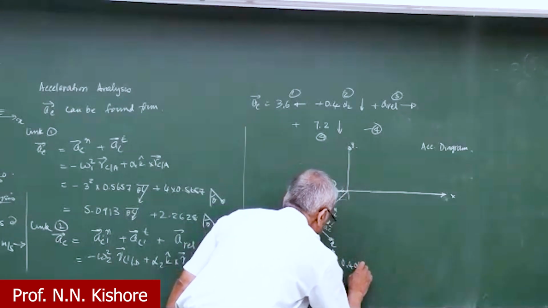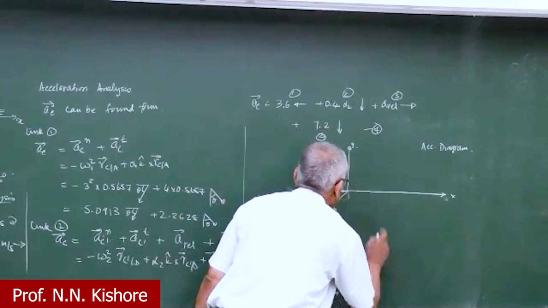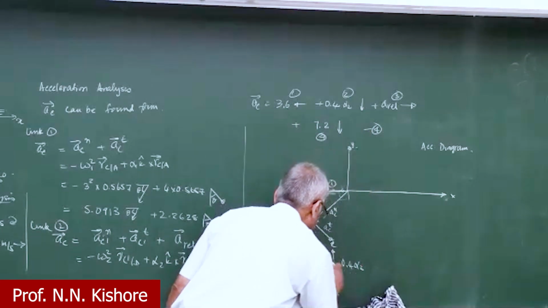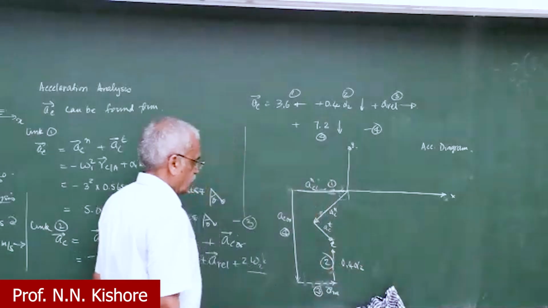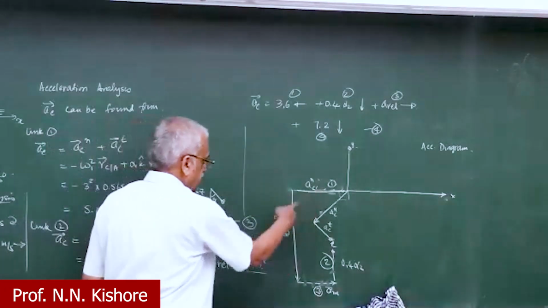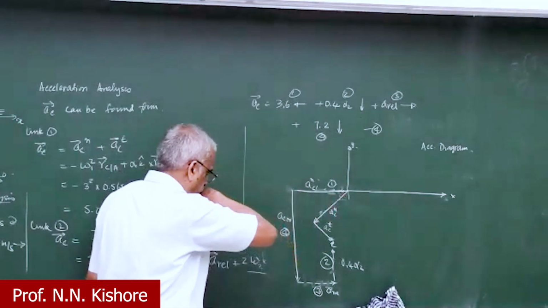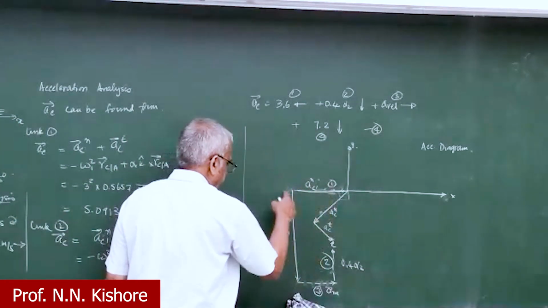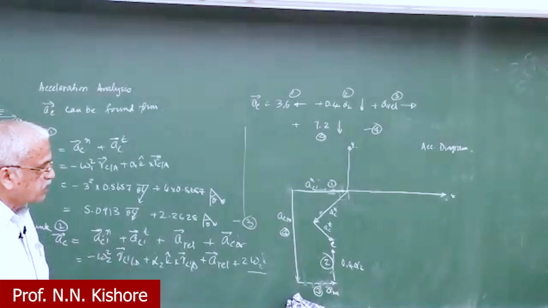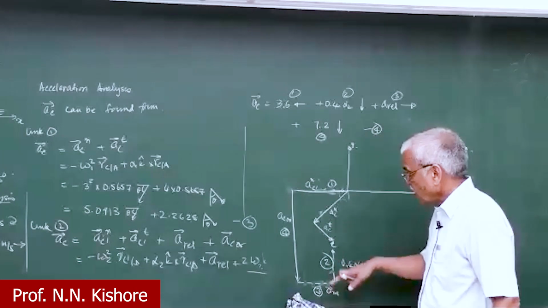And then I didn't draw the velocity analysis. So maybe the velocity diagram, if I just draw it here. Just like we did here, this is the axis and this is the origin here. And here, this is omega 1. So this is the velocity of C from this.